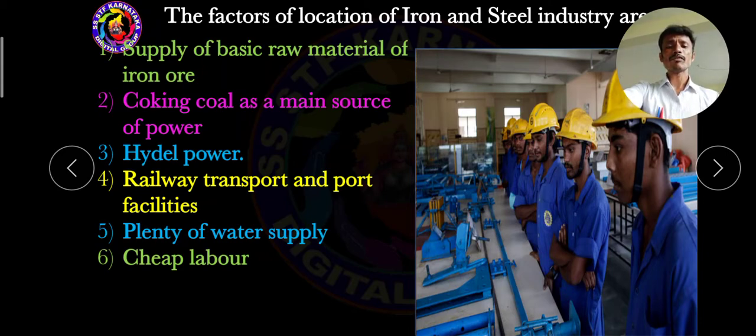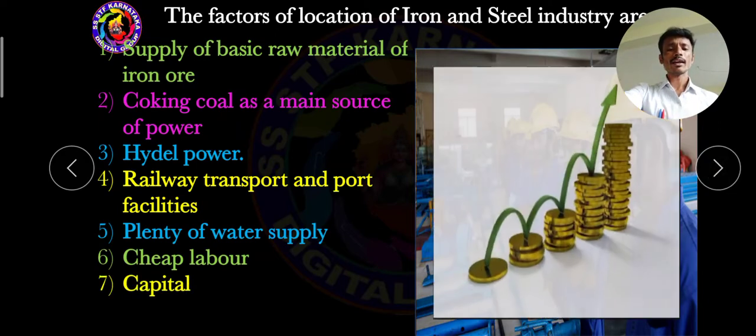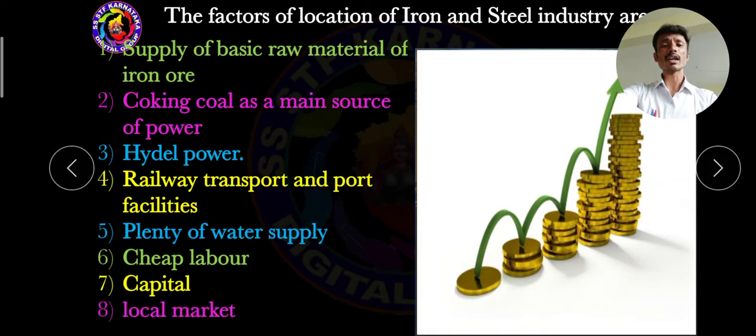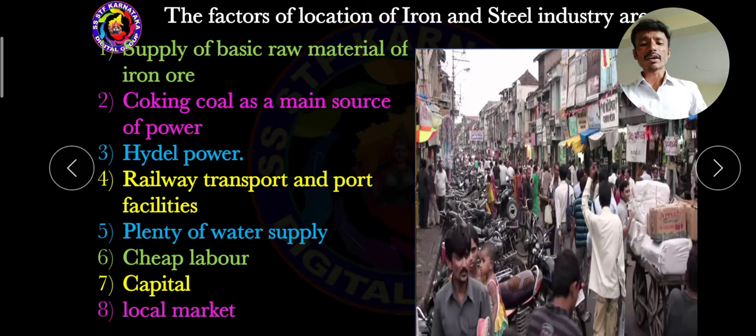Then capital: the investment of money plays a very important role, and that is also there. And local market: nearby areas have important marketing facilities, where there are industries.